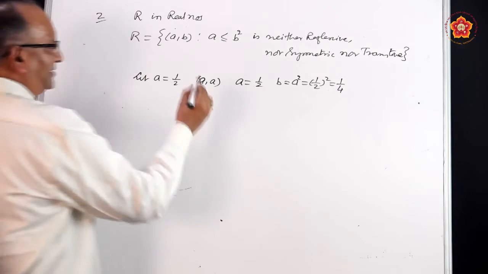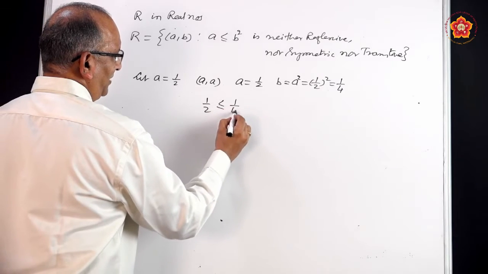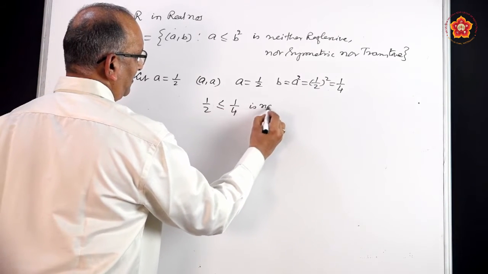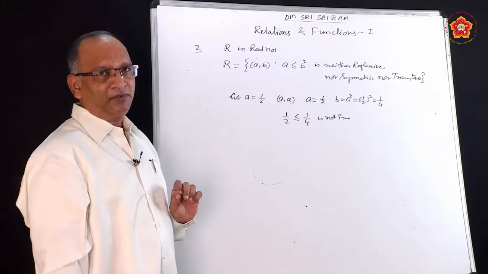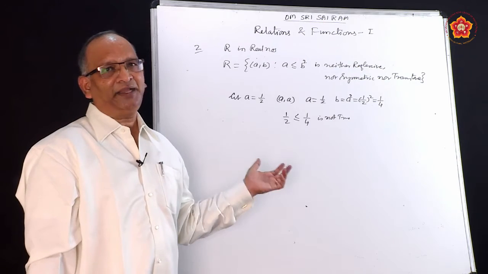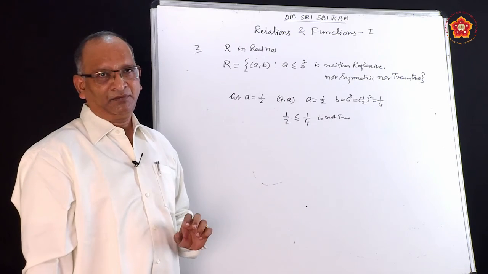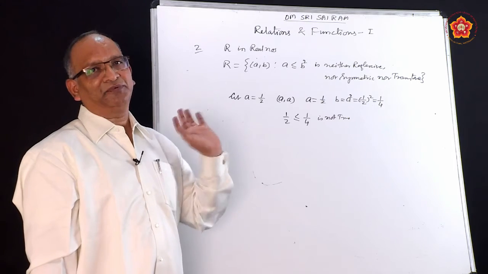A is 1 by 2, less than or equal to 1 by 4 is not true. Why is it not true? 1 by 2 is 0.5, 1 by 4 is 0.25. So, you cannot say that 1 by 2 is less than 1 by 4. So, we conclude that R is not reflexive.